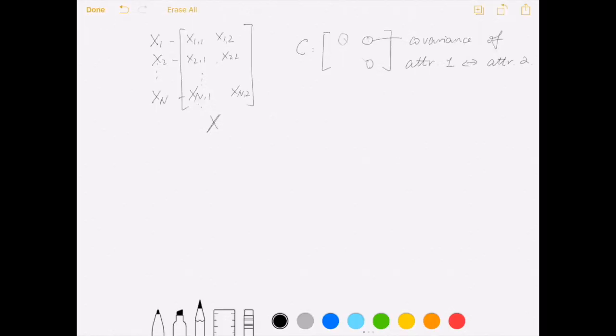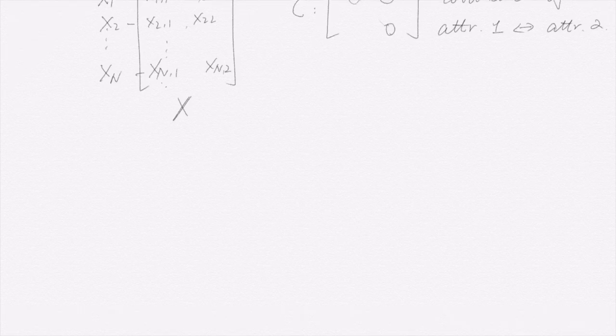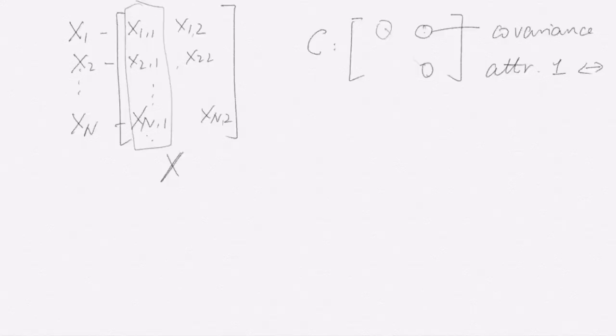To calculate it, the first step, we need to shift the data so as to make sure the new center of the data is at the origin of the data space. This step is called centering the data. So let's first calculate the original center of the data. The center of the data is calculated with respect to each attribute, such as we take the mean value of the first attribute among all the data samples.